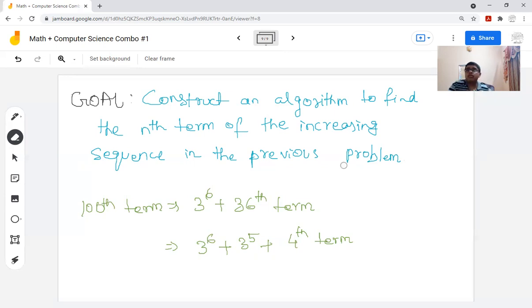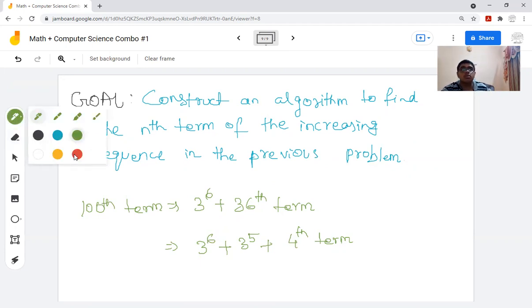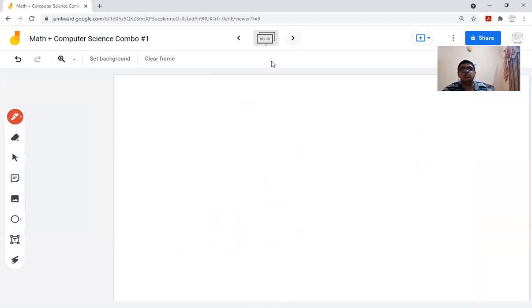Now how can we put it into a computer? I can see that 36, the number which is closest to it, is 32. Fine, I subtract it and get the fourth term and write a 3 power 5. So how would a computer recognize it? There comes the idea of logarithms. How can we use logarithms here?